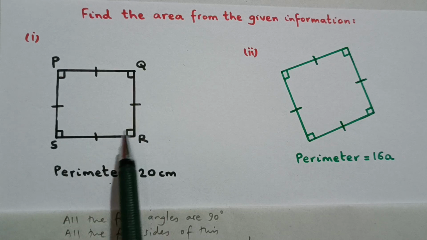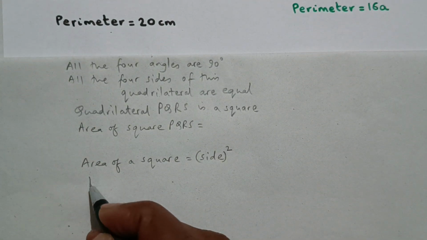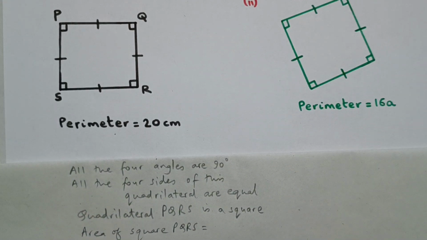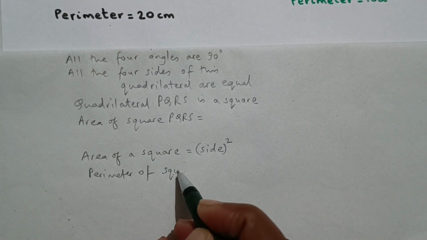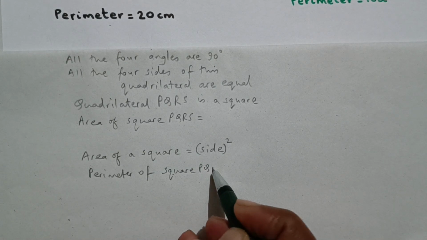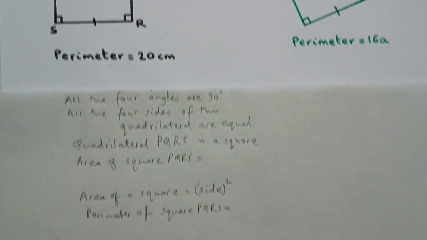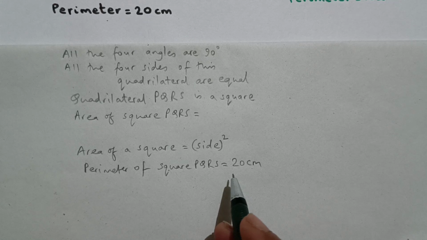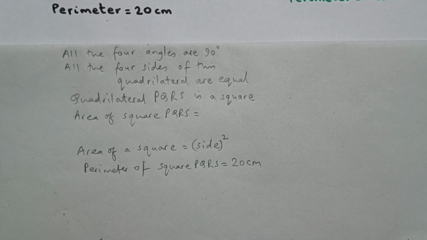So the perimeter of square PQRS is equal to 20 centimeter. From this information we can find out the measure of each side of square PQRS.